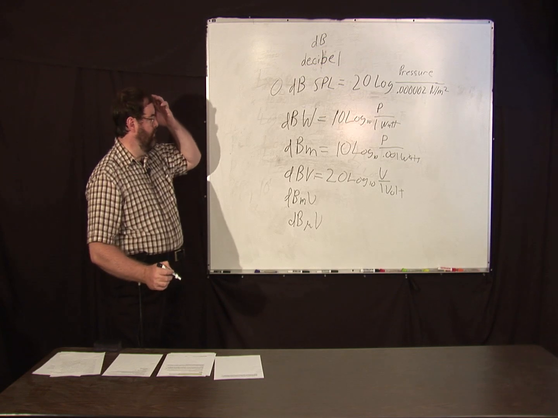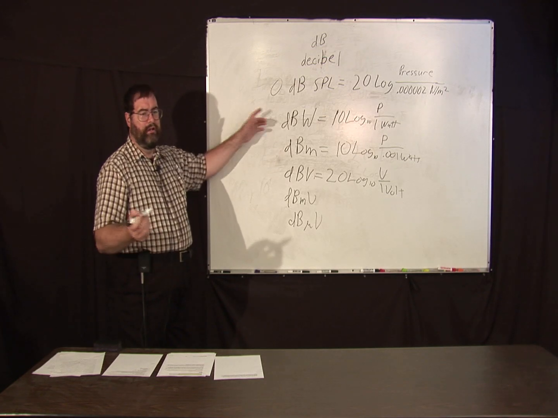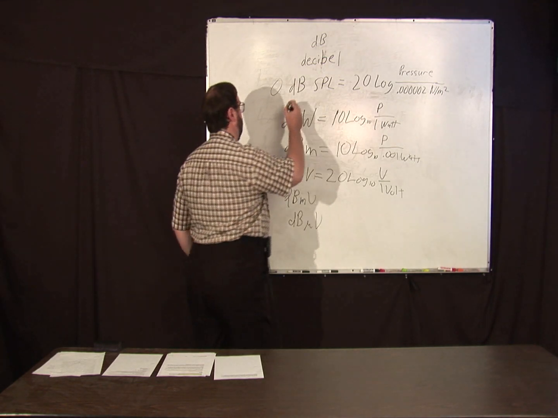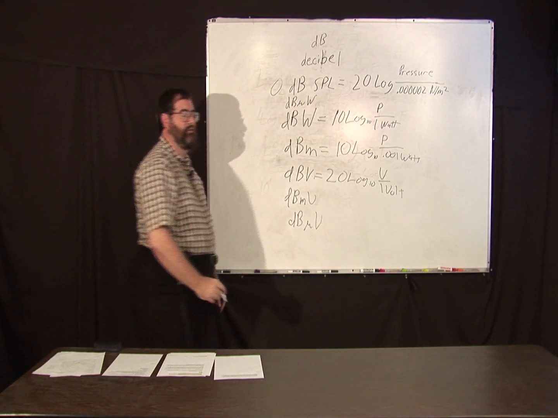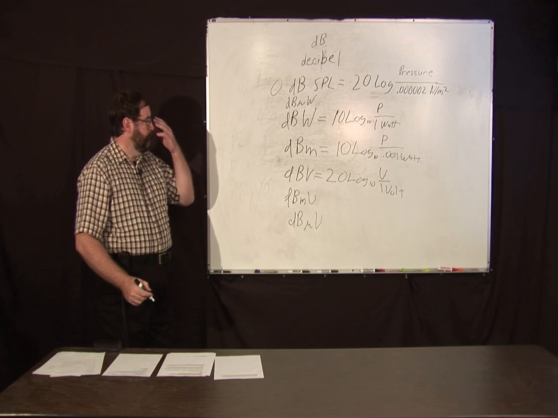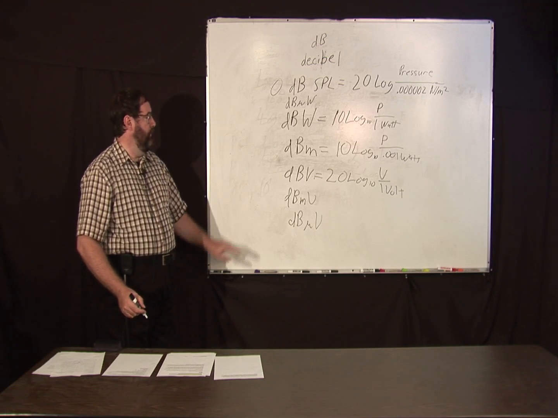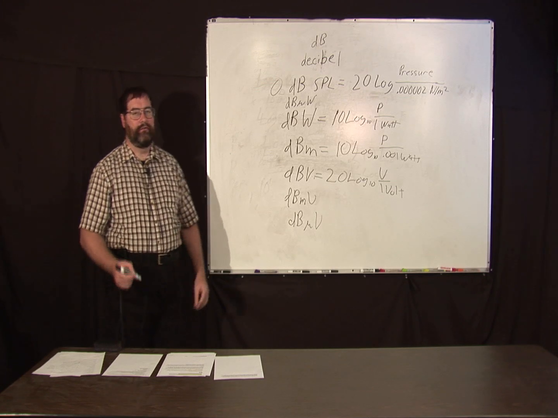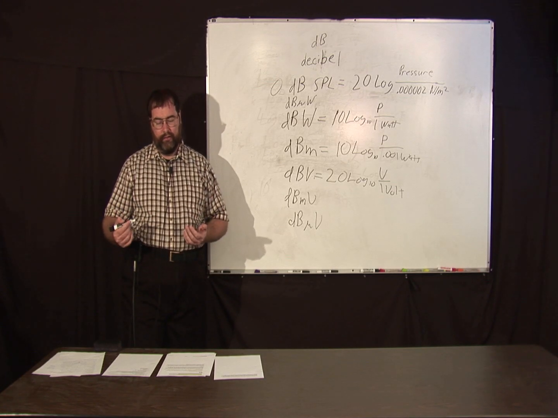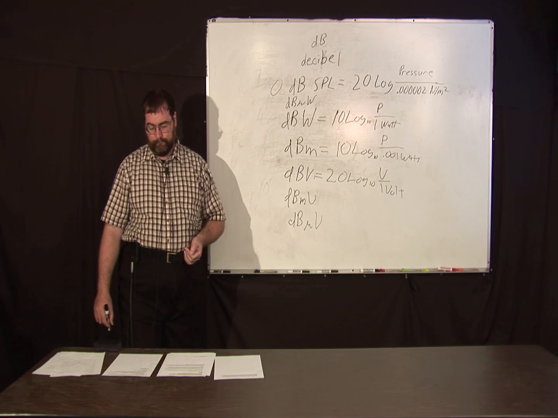You don't talk too much about dB microwatts, but you sometimes see that, dB relative to a microwatt. So these are all now absolute measurements because you've specified a reference point.